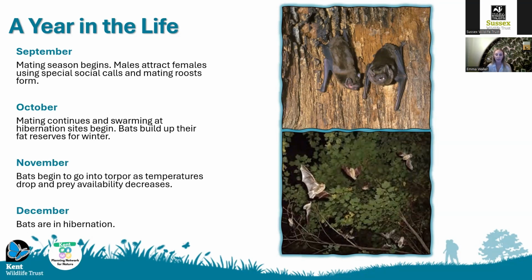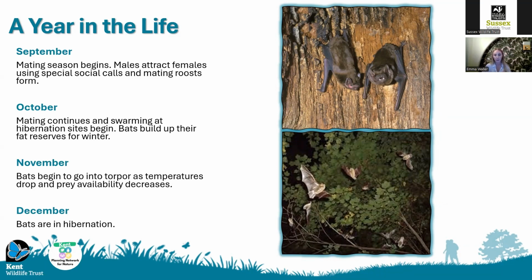So no one is 100% sure why bats do this, but the most accepted theory is that bats from numerous different colonies from quite a wide ranged area come to this location to mate, as it enables a diverse gene flow. So once bats have mated in autumn, the females will then delay fertilization of the egg until spring, after they've come out of hibernation.